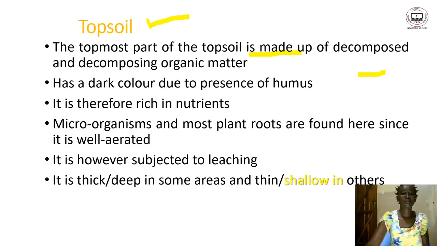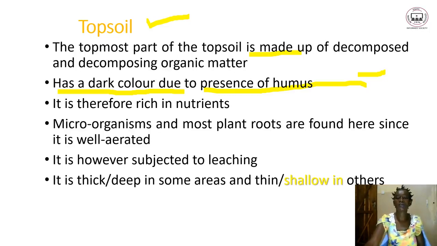So most of the times, the topsoil, in terms of characteristics, is dark in color due to presence of humus. Where is this humus coming from? The organic matter, which I was talking about earlier on, will decompose, forming humus. And I mentioned earlier on that humus is dark in color.